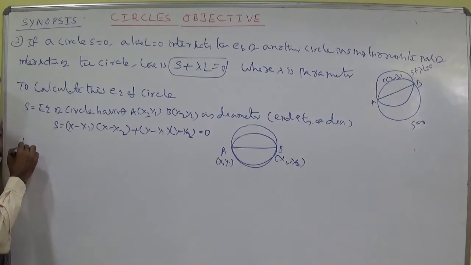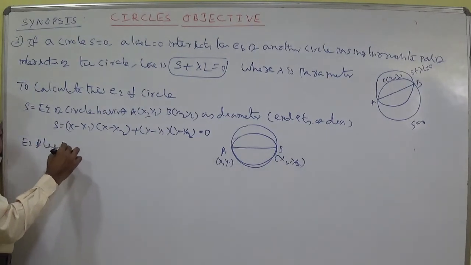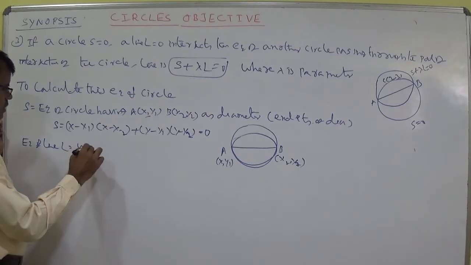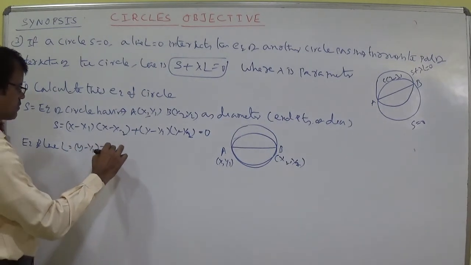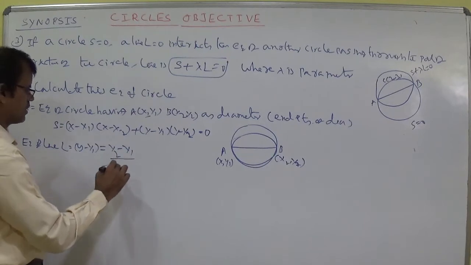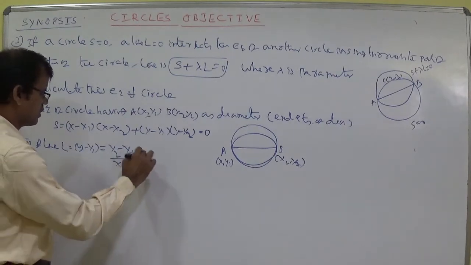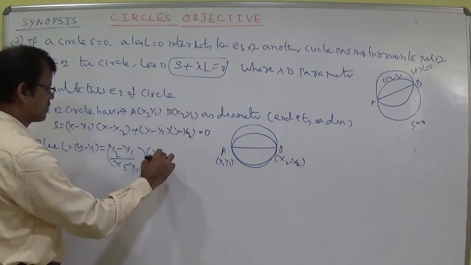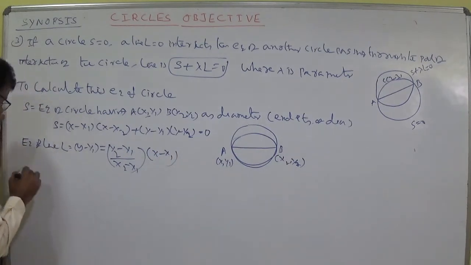L is equal to the equation of line, simply write like this: y minus y1 is equal to m into (x minus x1), here m means y2 minus y1 by x2 minus x1.